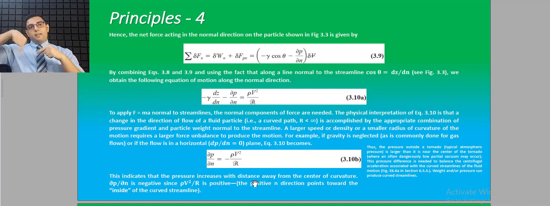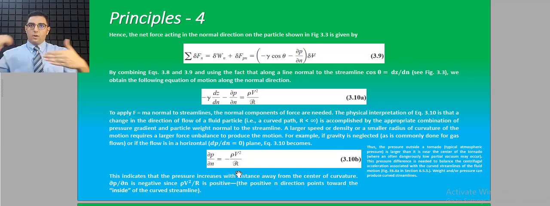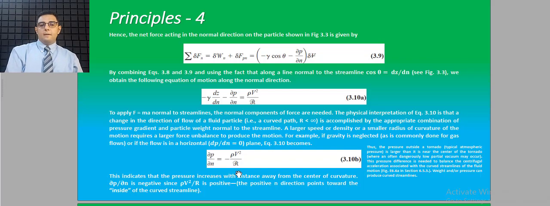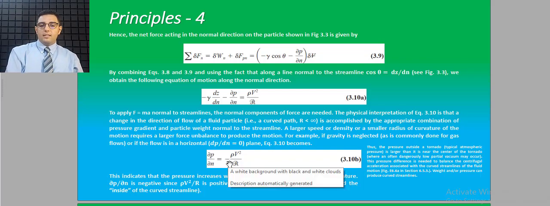When we have a tornado, the direction to the center of the tornado is regarded as the positive direction. To the outside is regarded as the negative direction. So when we are going outside of the tornado, we experience more forces because of the minus sign here.